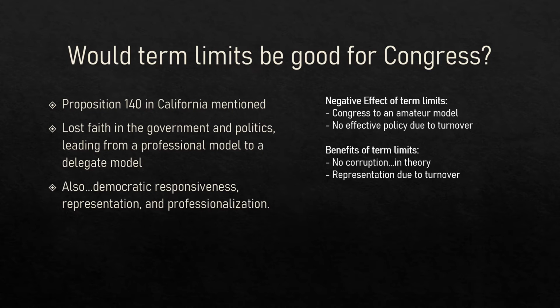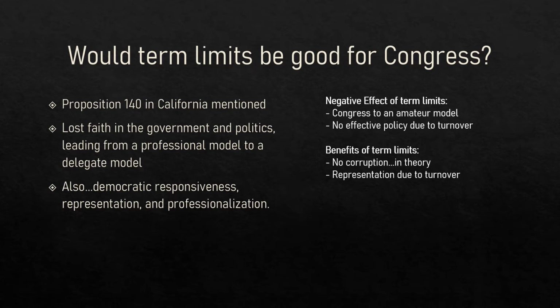People don't stay in there long enough to get insider trading and sell stocks based off of COVID news and write copious amounts of books on legislating and make back end deals with the NRA, things like that. Also, a benefit of term limits is representation due to turnover, in theory.